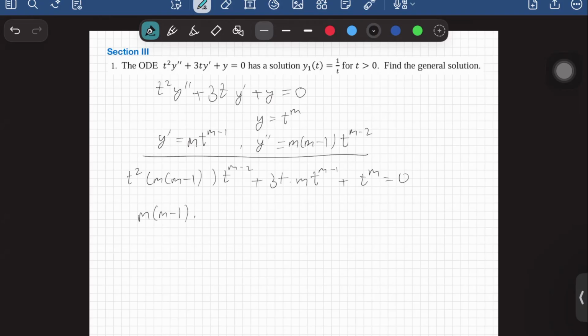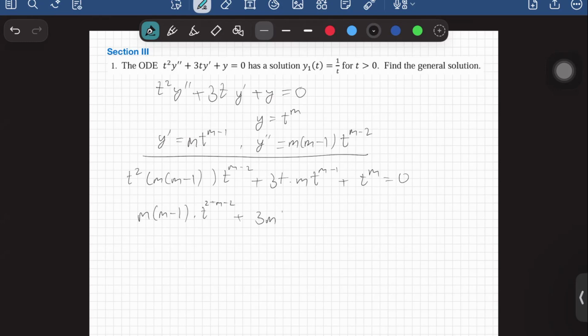What happens here is we have t squared multiplied by t to the power of m minus 2, so we just add the powers. The same happens on the other side.